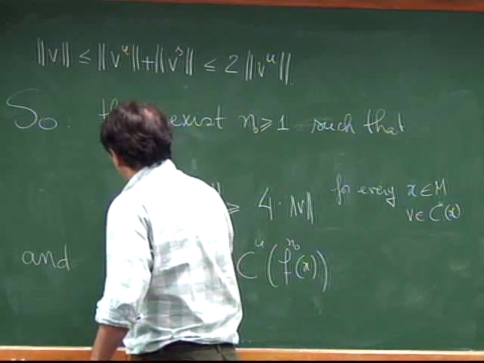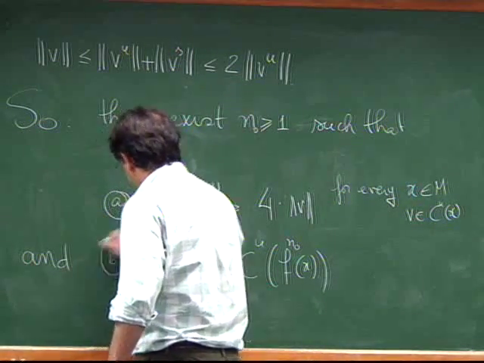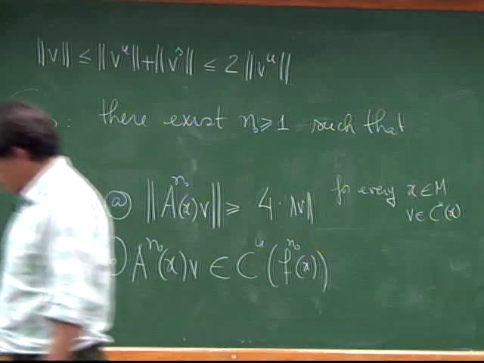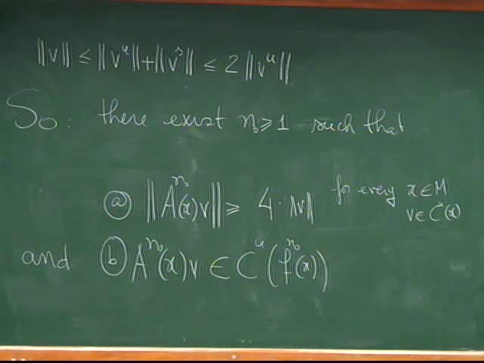So I get two properties, A and B. And the second one actually came for free, because to justify the second part, I have to say that this norm is smaller than this one. Right? Because these are the components, stable and unstable.